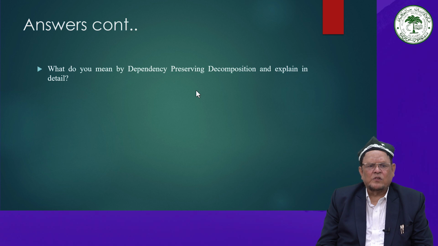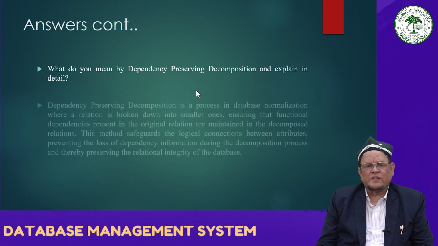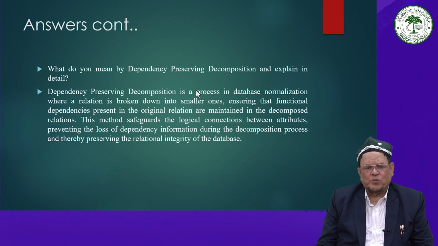The next question was, what do you mean by dependency preserving decomposition, and explain in detail. The answer is, dependency preserving decomposition is a process in database normalization where a relation is broken down into smaller ones, ensuring that functional dependencies present in the original relation are maintained in the decomposed relations.